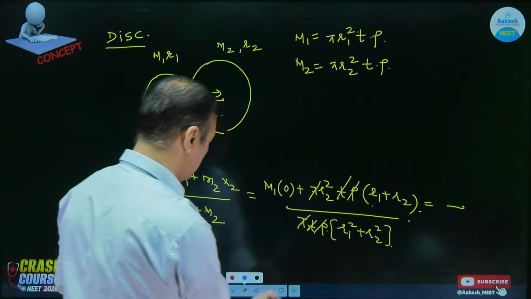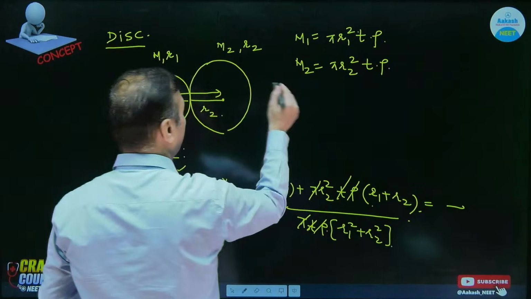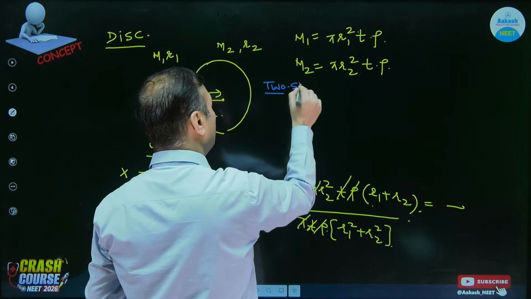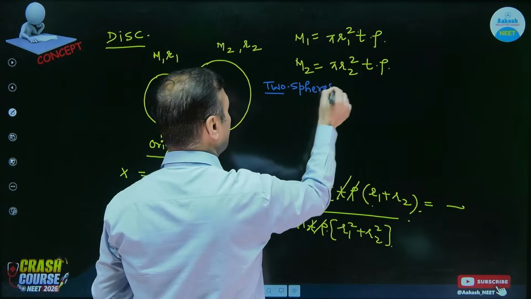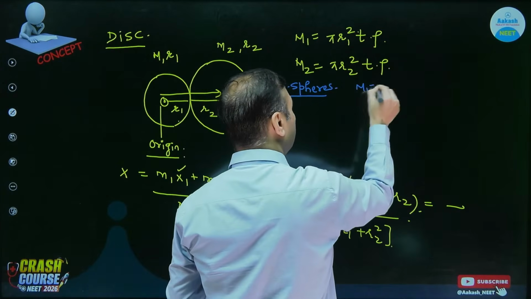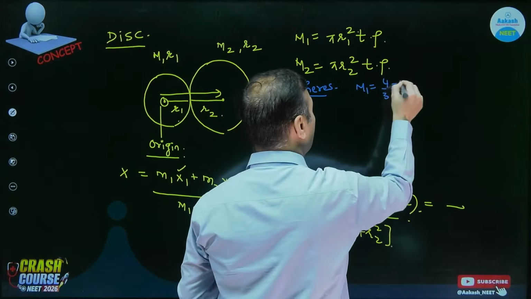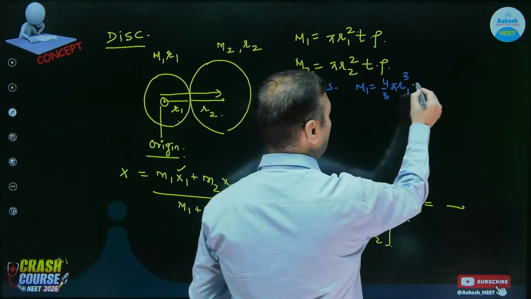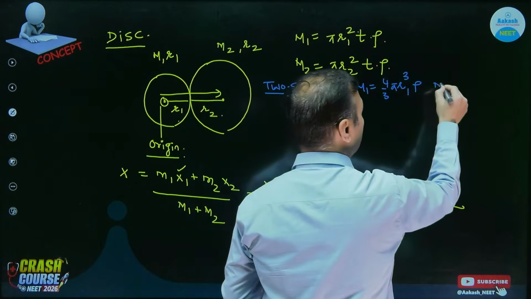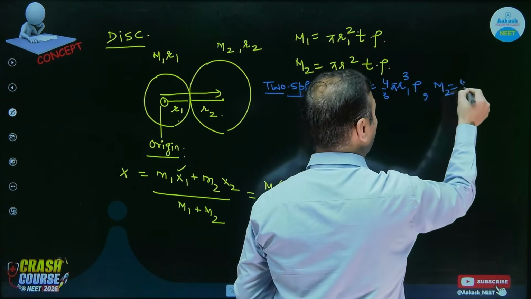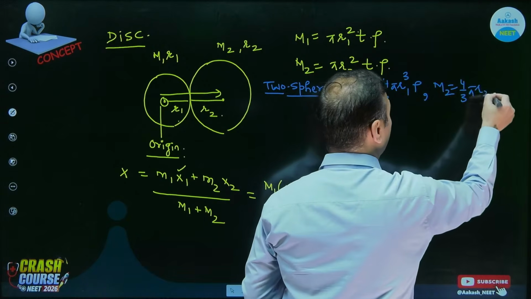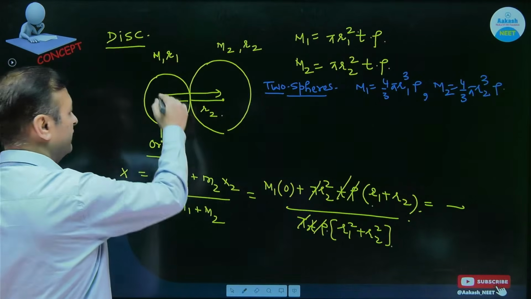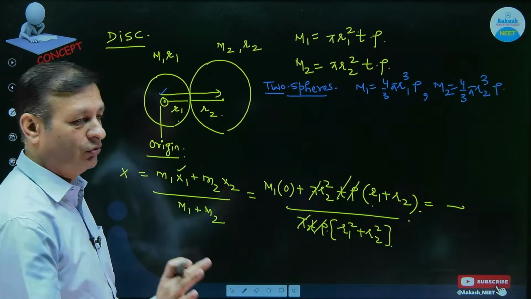Let's suppose instead of discs you have two spheres. Then their masses can be written as 4 by 3 pi r cube, so volume into density. Similarly, for the m2 part we put 4 by 3 pi r2 cube into density, and we go the same way because this is still assumed to be at the origin.